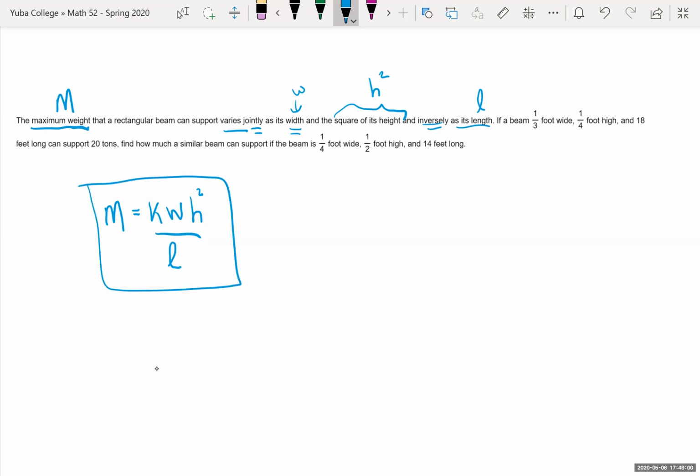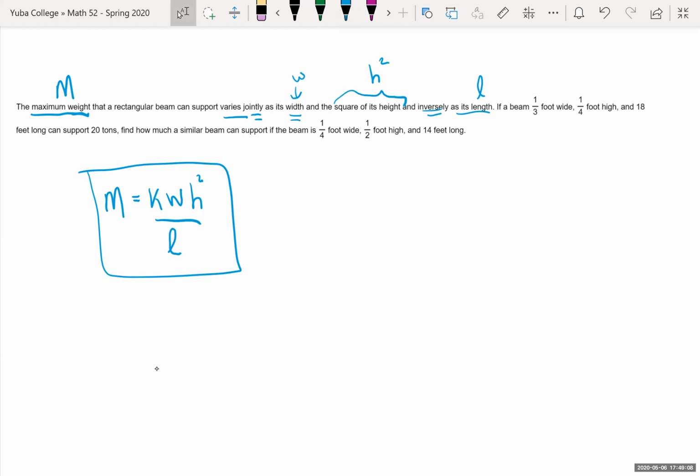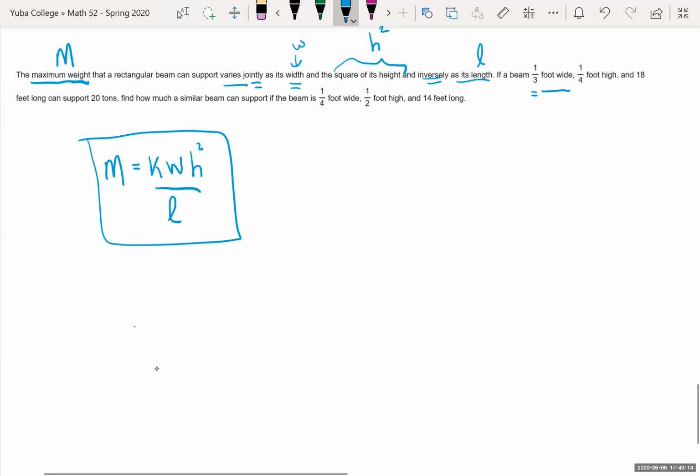And now it's going to bring us through so we can put all the numbers in and figure out what k is. If a beam is 1/3 foot wide, okay, so this is equal to k. We have our width 1/3, so I'm going to place it in here. 1/4 foot high, so we have our height.